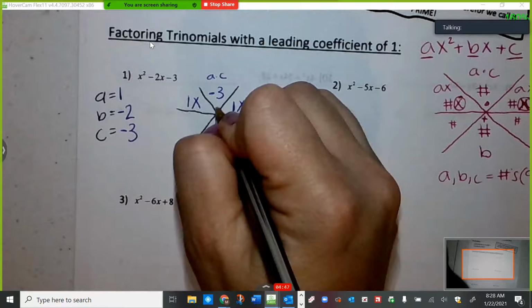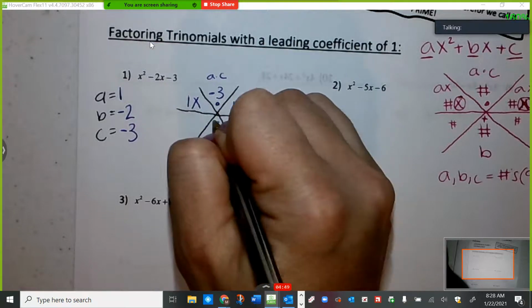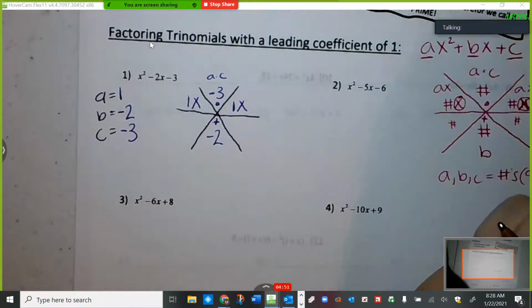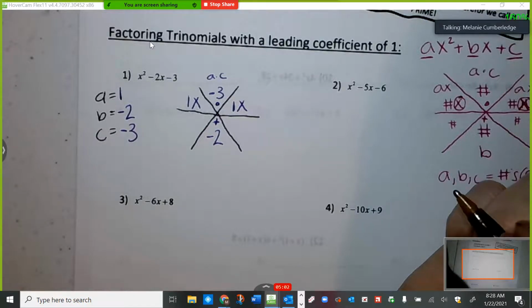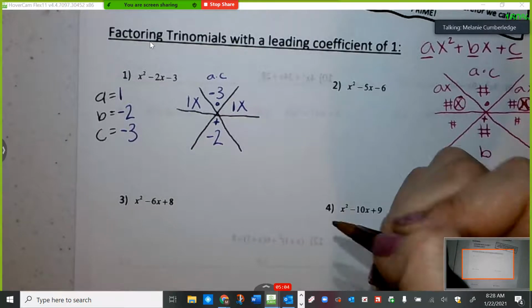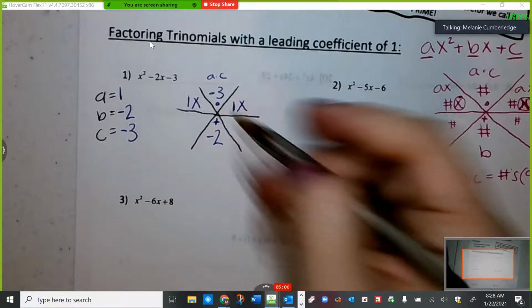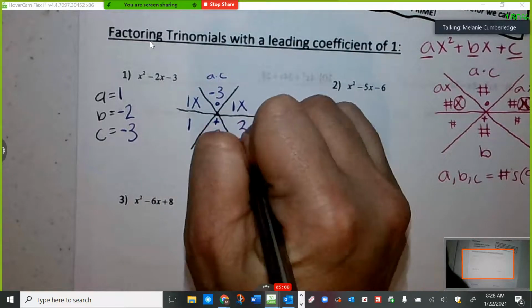Now we need to figure out what multiplies to give us -3 and adds to give us -2. Well, 3 is prime, so the only thing that multiplies to give you 3 is 1 times 3.